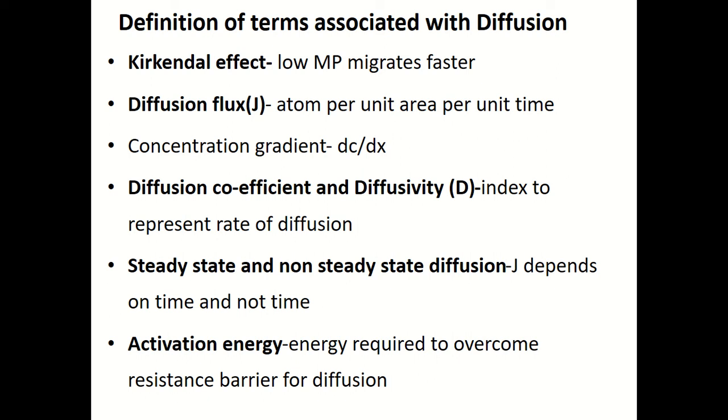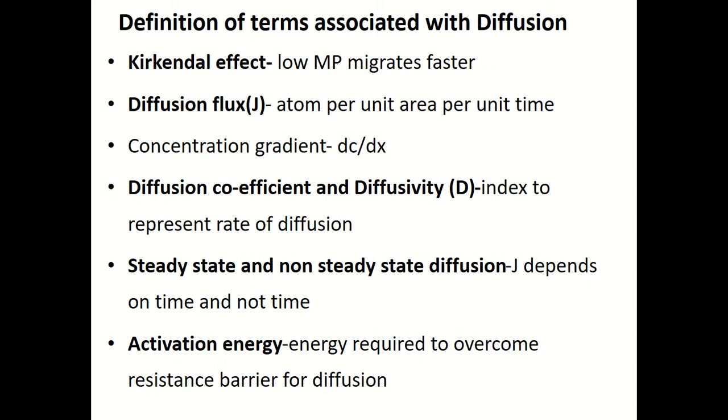I already told you diffusion is nothing but the material transport by atomic motion, or it's nothing but the mass flow rate, isn't it? The mass flow by which the atoms change their position relative to the neighbors.